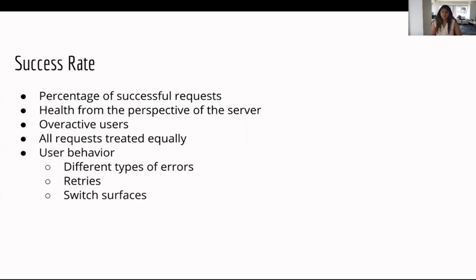Another reason that success rate doesn't always mirror user experience well is because of user behavior itself. Users respond differently to different types of errors, and we did a big in-depth analysis through our error logs to try to understand how users respond to errors.